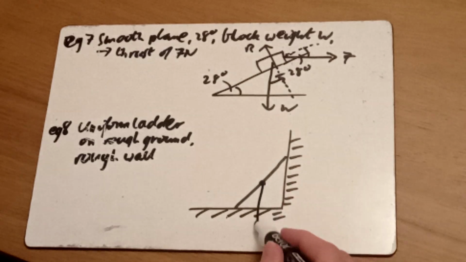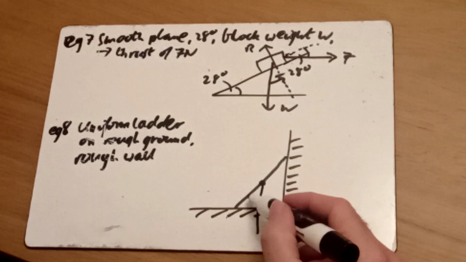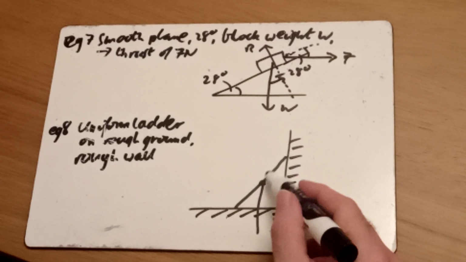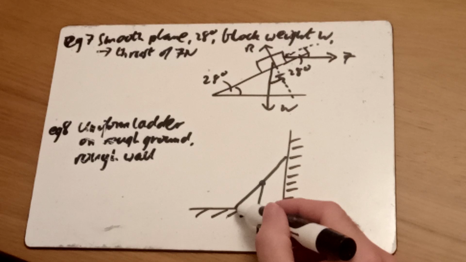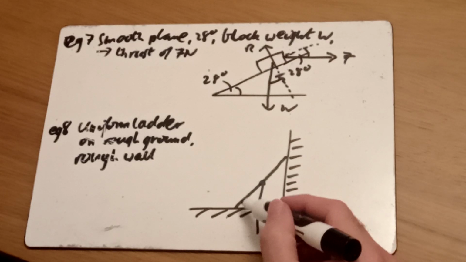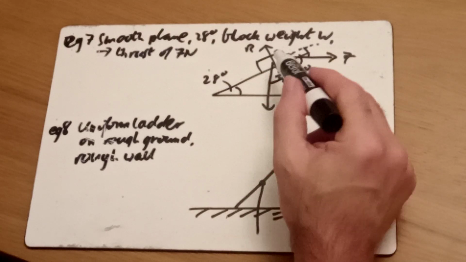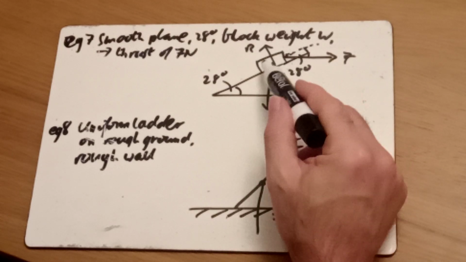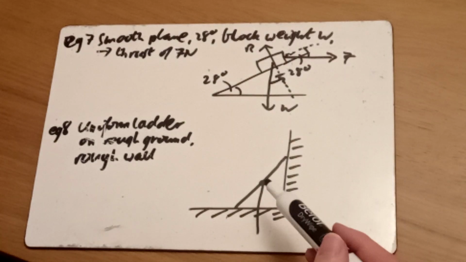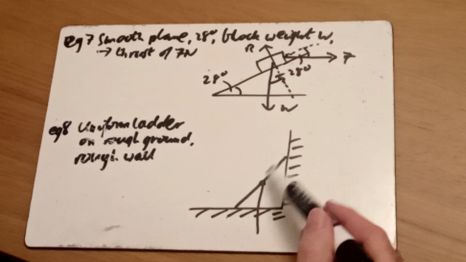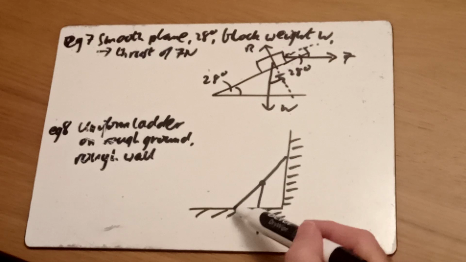Now, with ladders and rods, we're not going to treat this as a point mass all of a sudden, because this is in contact at 2 different parts and 2 different ends here. So the length of it does have a relevance. When we had our calculator, our block, our sofa, we were treating those as a point mass, but here we'll begin to use these as a more one-dimensional shape having a length.